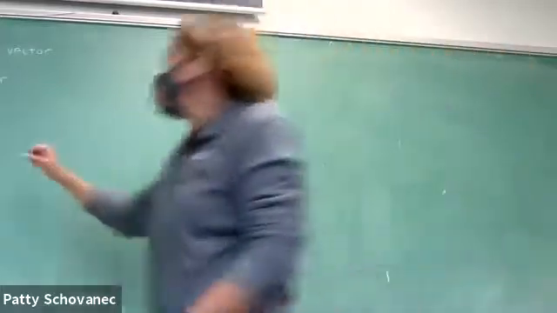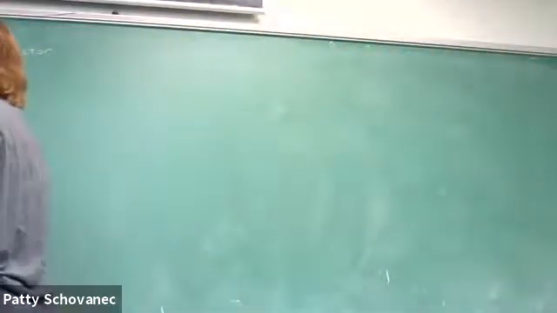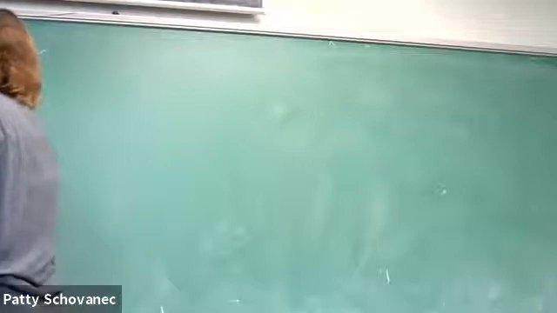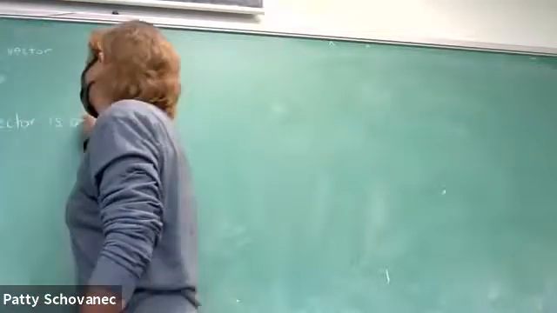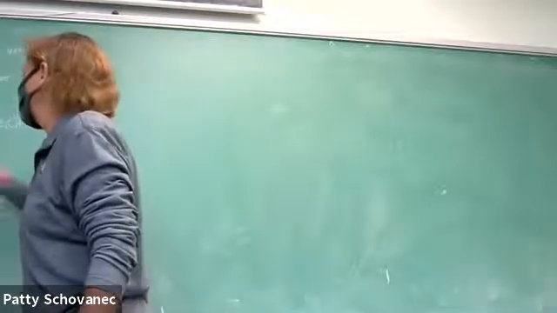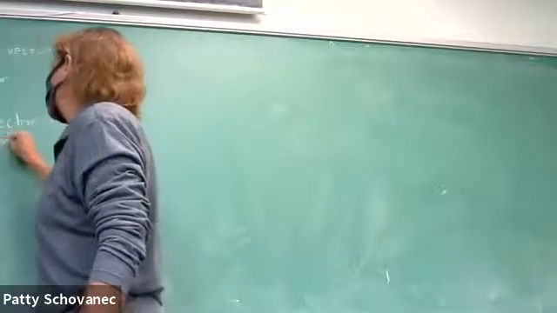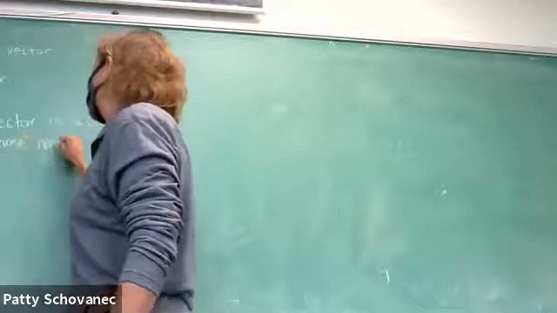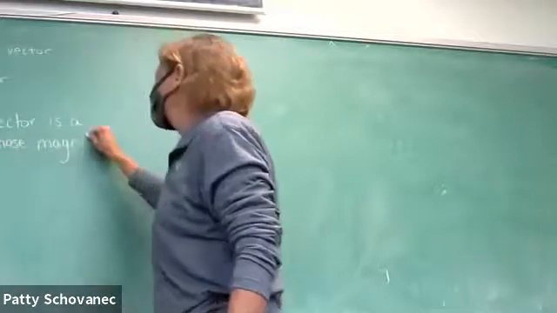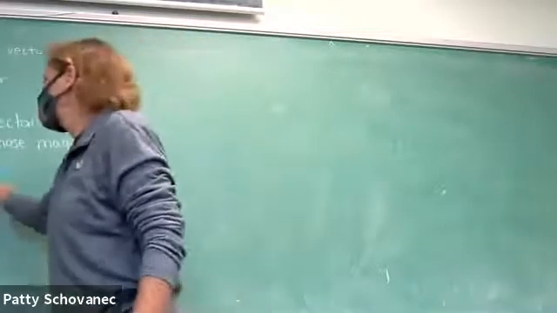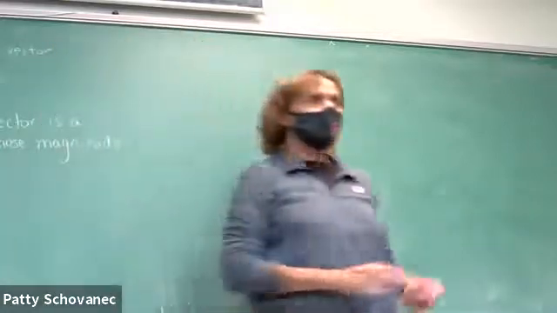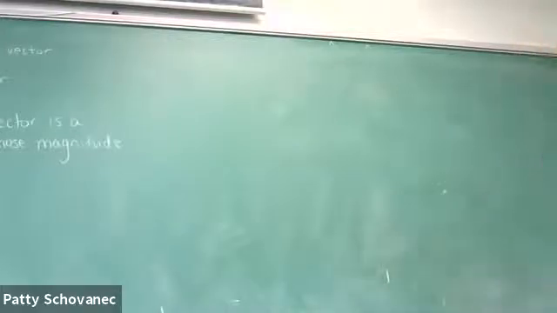A unit vector is a vector whose length is 1. So that vector I was an example of a unit vector. And J is a unit vector.